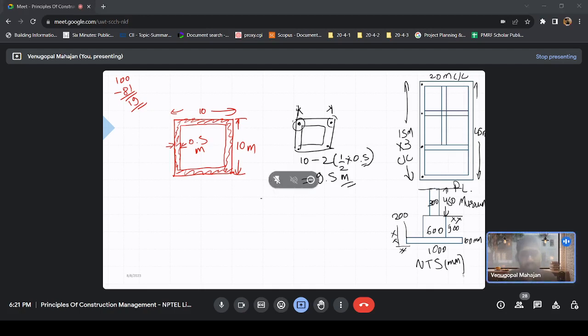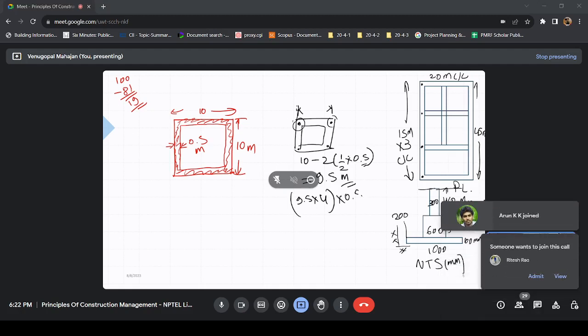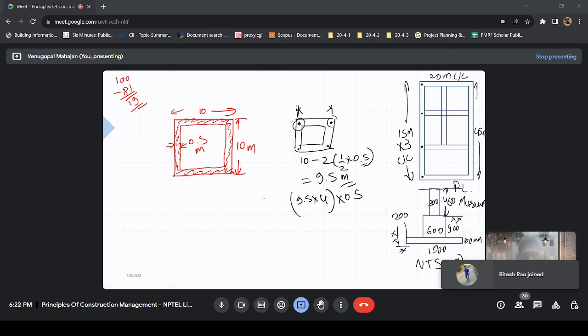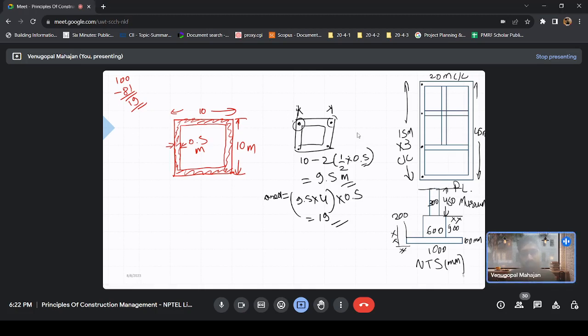So your total center line becomes 9.5 into 4, and your area would become that into width 0.5. Agreed? Kindly calculate this for me. 19. So now you see what happened in center line method.